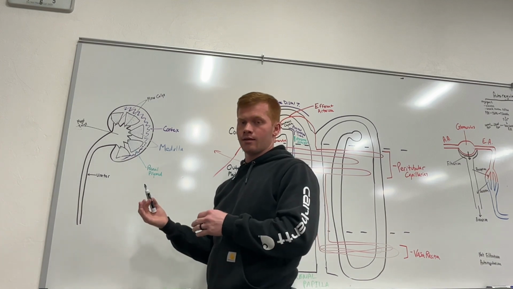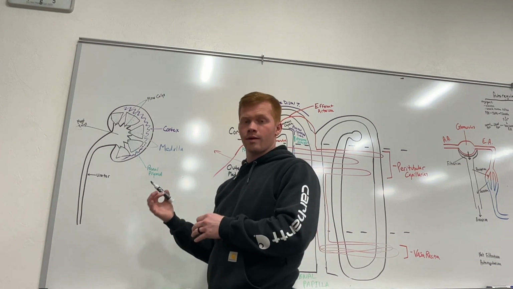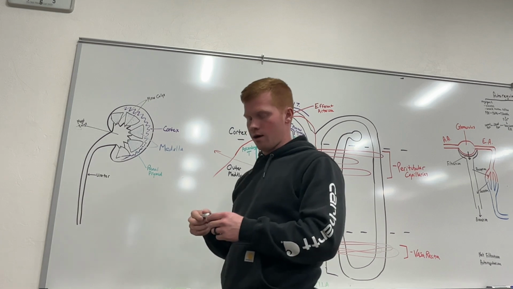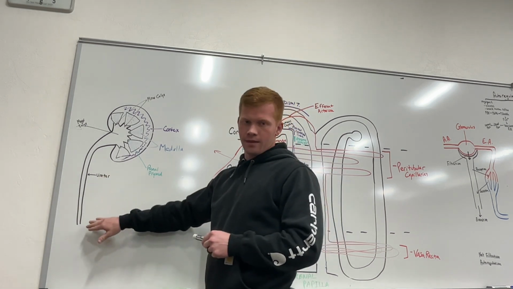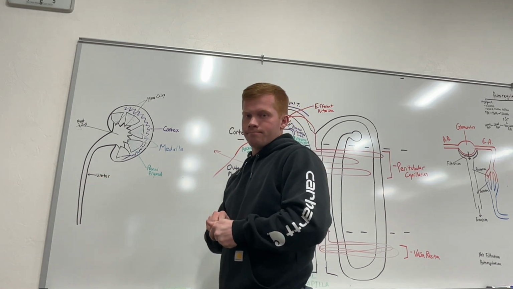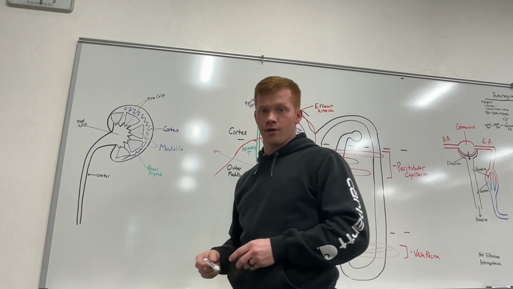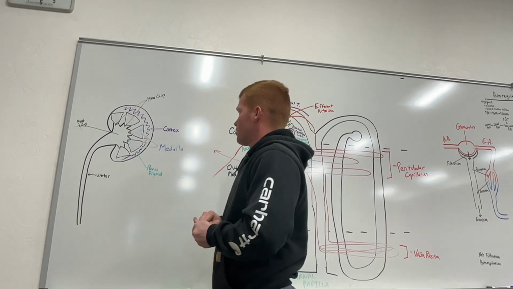And sometimes it will go back into the blood, and sometimes the blood will put it back into the kidney at a later part, and then eventually it's going to get excreted or disposed of through the urinary tract.